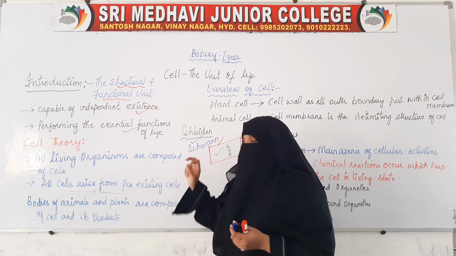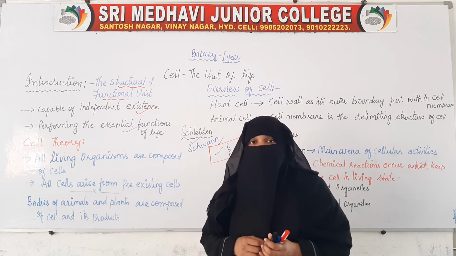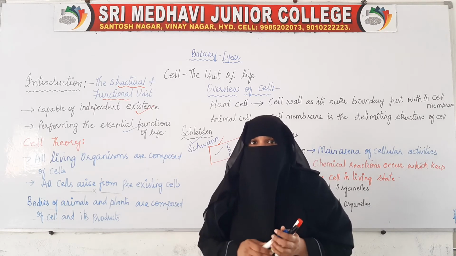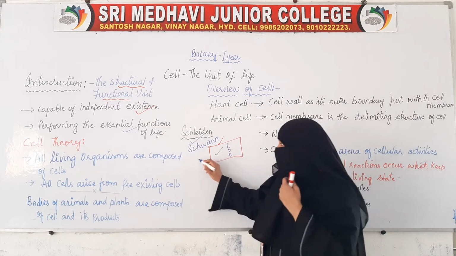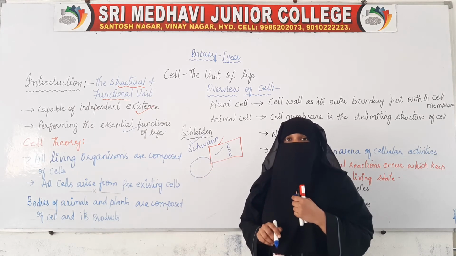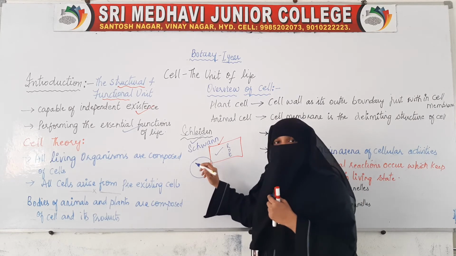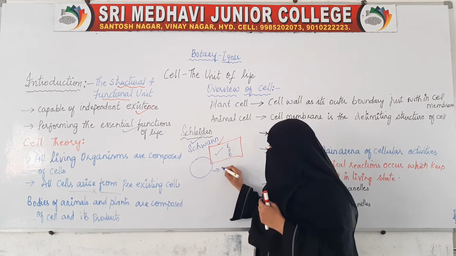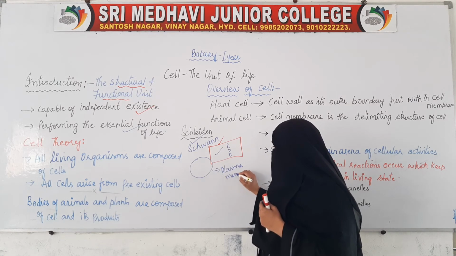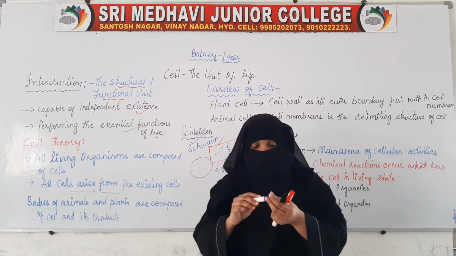Schwann was doing research on the animals, and he found that animals are also made up of different types of cells, and the cell is covered by a membrane. We call that the plasma membrane.